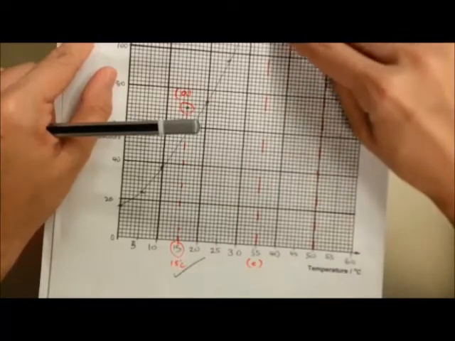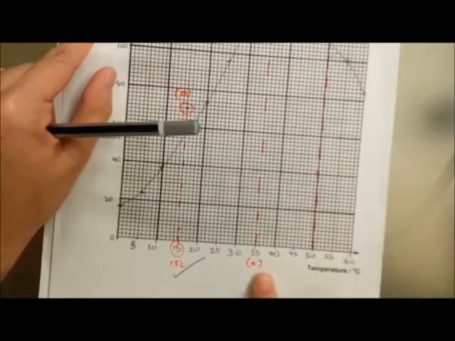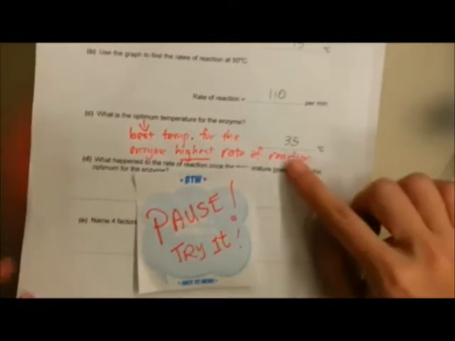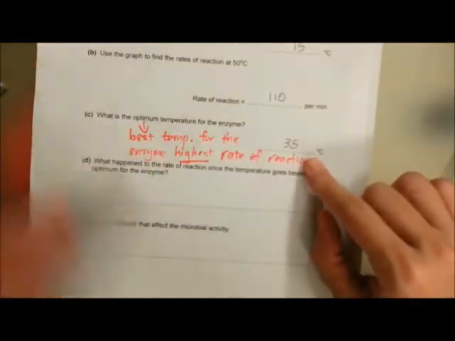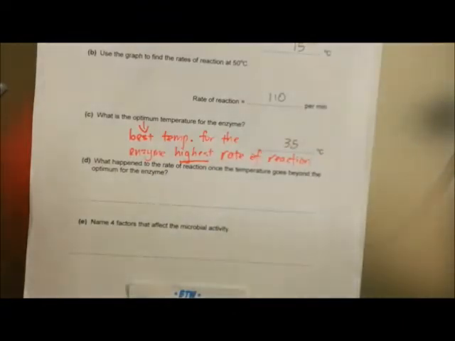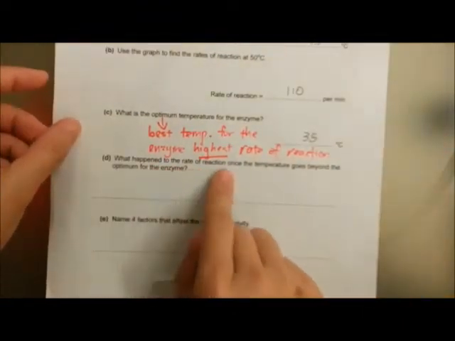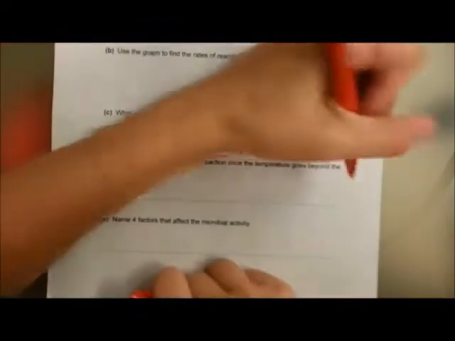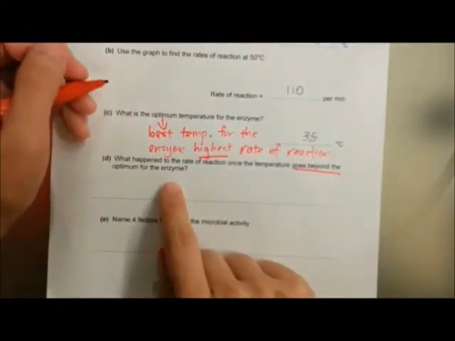Again, I draw a dotted line to indicate my answer with my question number, part C. Therefore, my answer would be 35 degrees Celsius. Now, let's look at question D. What happens to the rate of reaction once the temperature goes beyond the optimum temperature for the enzyme?